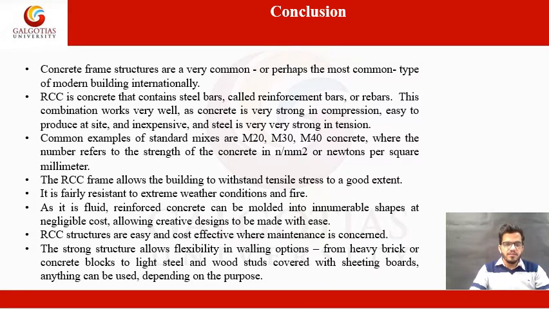This combination works very well as concrete is very strong in compression, easy to produce on site, inexpensive, and steel is very strong in tension. Common examples of standard mixes are M20, M30, M40, where the number refers to the strength of the concrete in Newton per square millimeter.